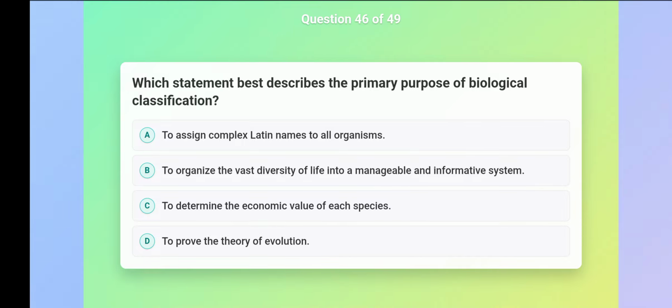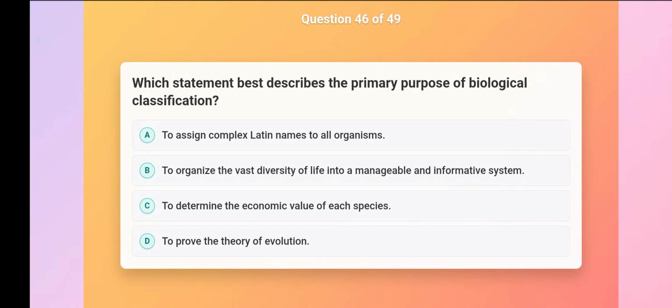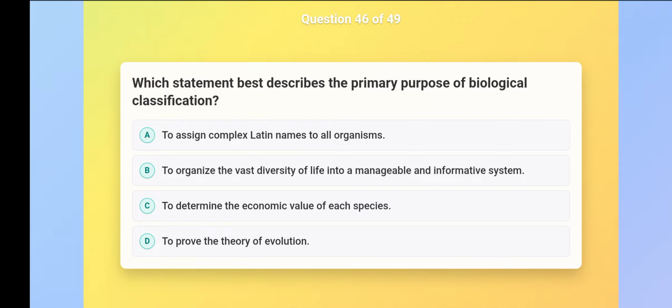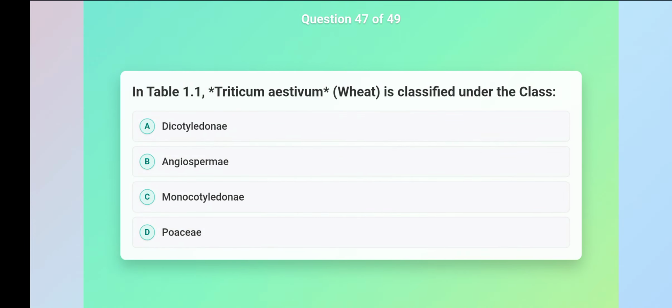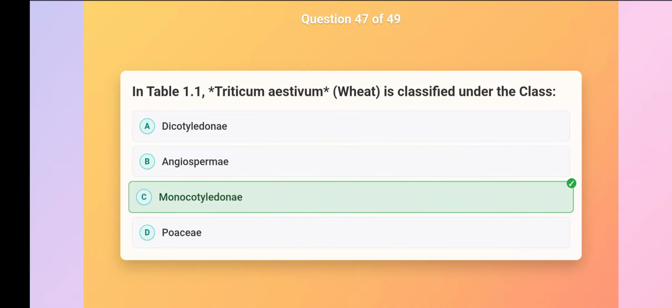Which statement best describes the primary purpose of biological classification? To organize the vast diversity of life into a manageable and informative system. In Table 1.1, Triticum aestivum, wheat, is classified under the class Monocotyledonae.